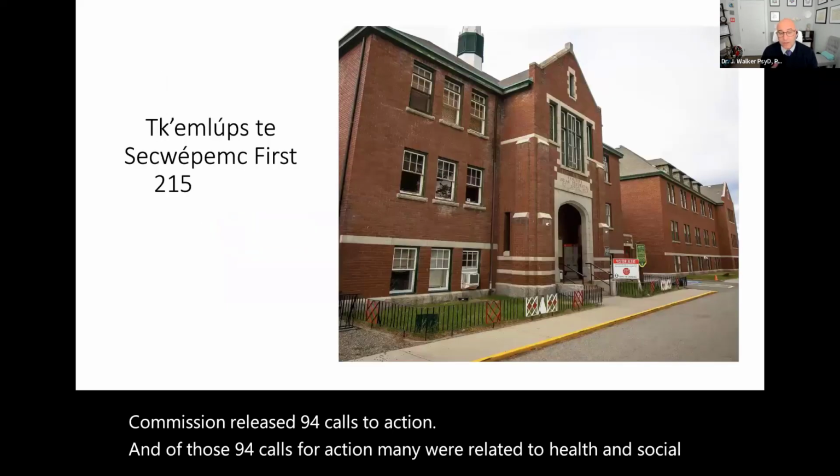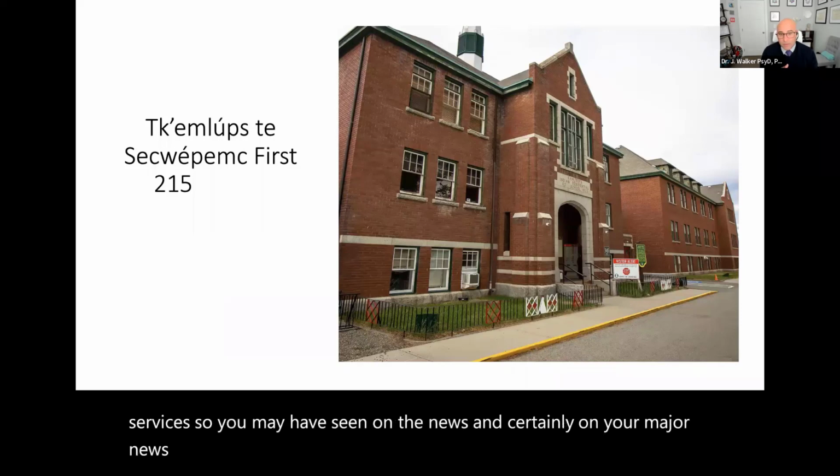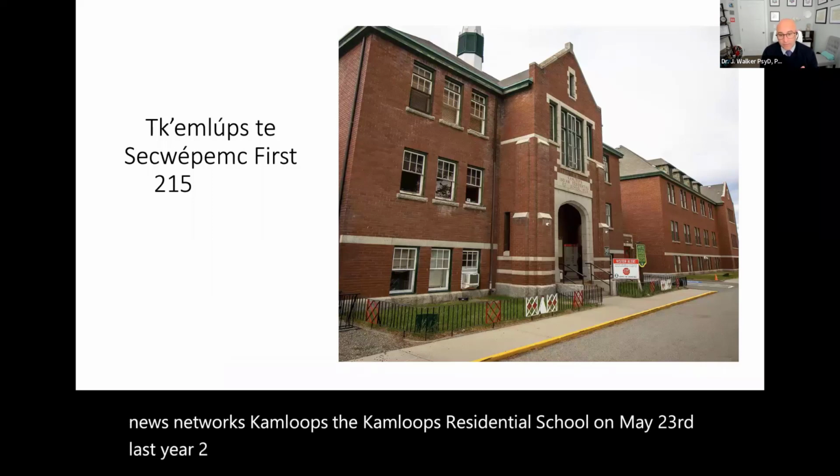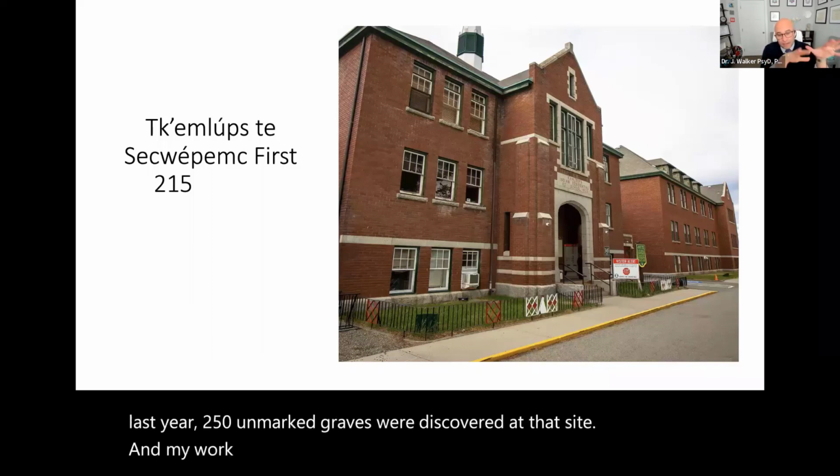So you may have seen on the news, I know certainly on your major news networks, the Kamloops Residential School. On May 23rd last year, 250 unmarked graves were discovered at that site. And my work now is I am one of the practitioners for the interior, where Kamloops is. I've been to that site.